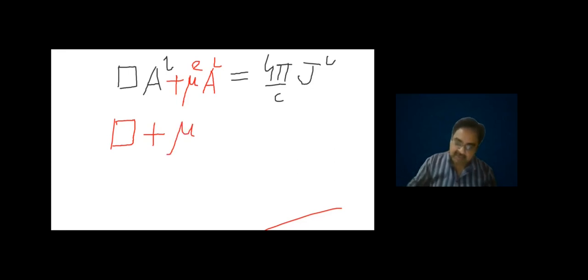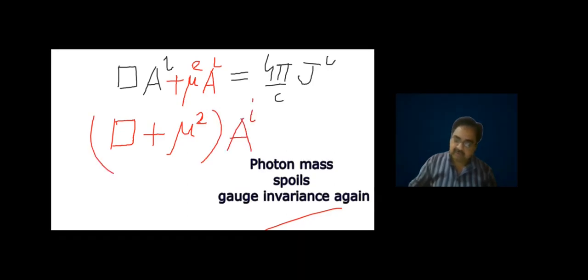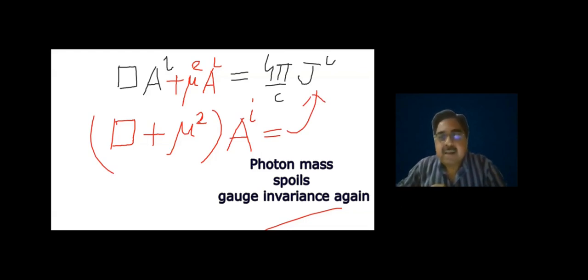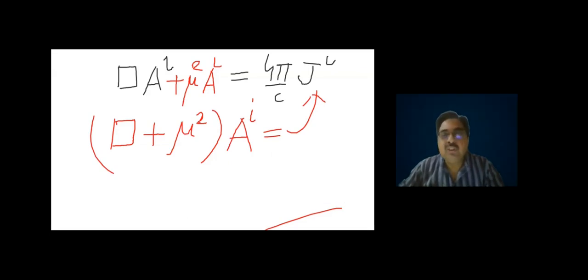So the right hand side is given by 4 pi by c j_i. The left hand side is the D'Alembertian plus mu square, right? And don't forget, this mu is basically coming from the mass of the photon. If the photon is massless, mu will become 0 and you will revert to your original expressions, the conventional Maxwell classical electrodynamics.